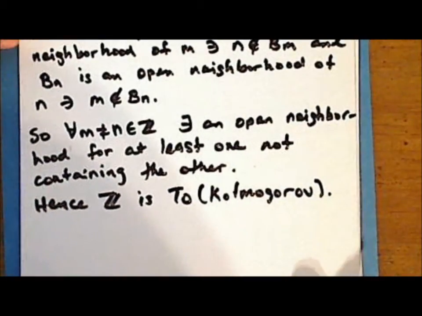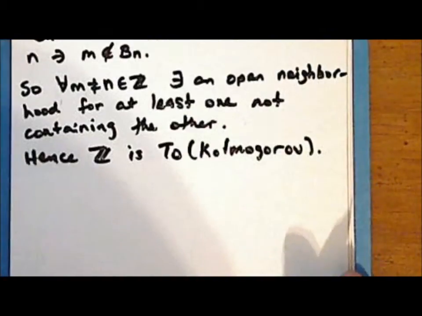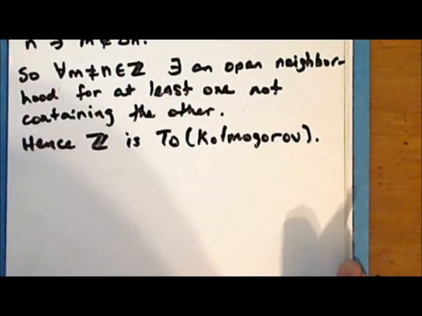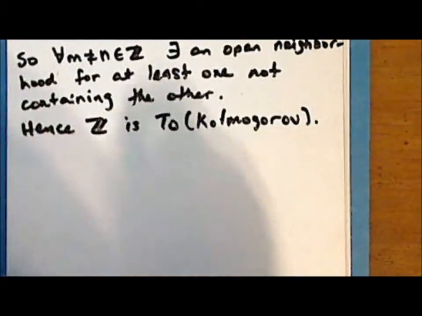So now we can summarize the topological invariants that we have studied so far for the digital line.